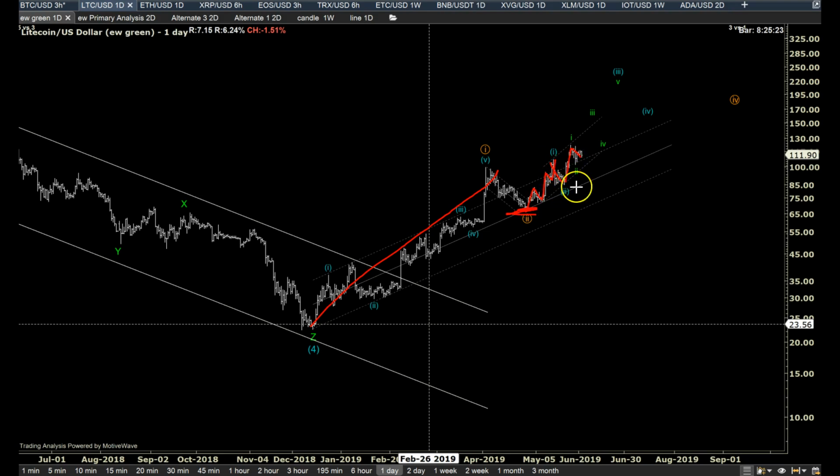But the problem with 1, 2, 1, 2, 1, 2, and the more you do Elliott wave, the more you'll realize this, is that they tend to blow up in your face and make an embarrassment out of you, okay? Because what you're basically calling for up here when you do a 1, 2, 1, 2, 1, 2 is this move has to go parabolic.